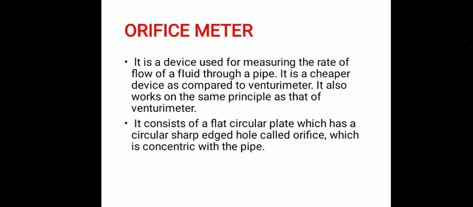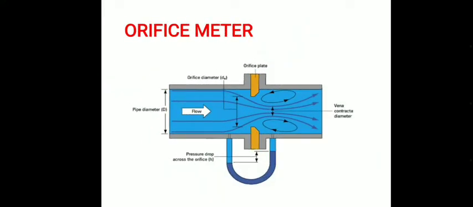the Venturi meter. It consists of a flat circular plate which has a circular sharp edged hole called an orifice, which is concentric with the pipe. Let's see the figure of an orifice meter. As you see here, we have that orifice which has a smaller diameter as compared to the inlet, and this is called the orifice plate.